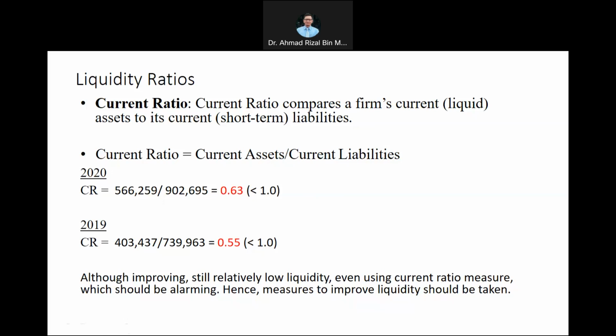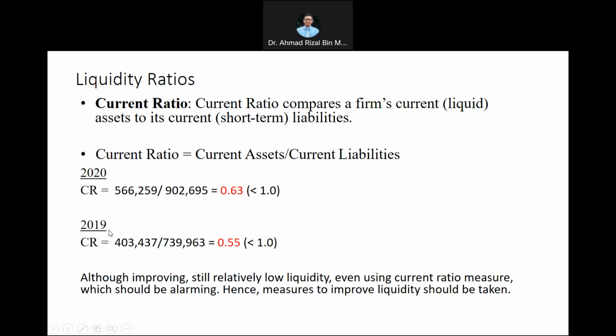Whatever bills or liabilities that you owe can be supported by the current assets that you have at the moment or during that financial year. But when it is less than 1, it shows that the current assets that you have are not sufficient to cover the current liabilities that you have.